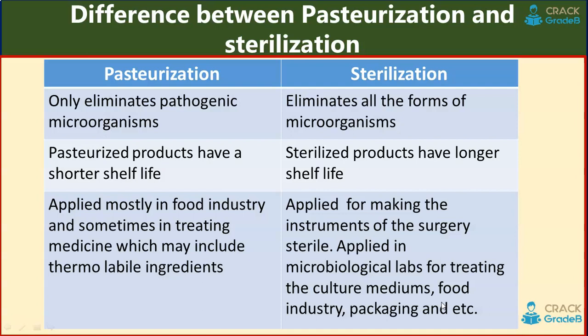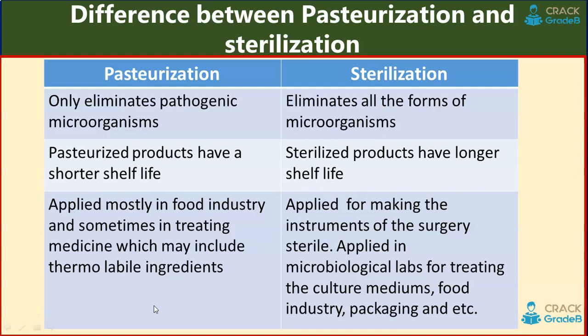Differences between pasteurization and sterilization. Pasteurization eliminates pathogenic microorganisms, whereas sterilization eliminates all the forms of microorganism. Pasteurized products have shorter shelf life, whereas sterilized products have longer shelf life.